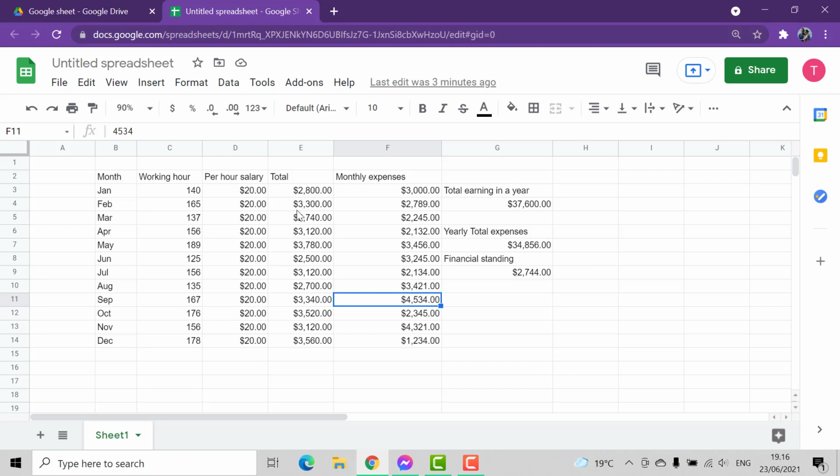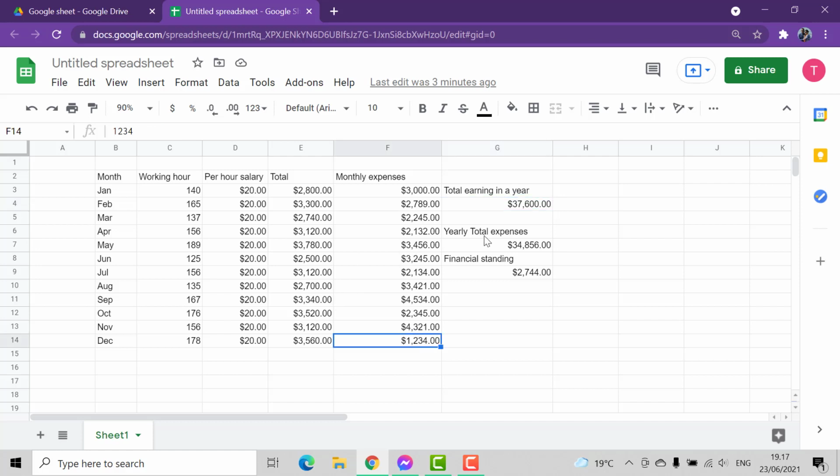Now, the total amount you are earning in a year is basically this amount. How did we get this amount? This amount is the summation of all these numbers starting from January and ending in December. And also if you look at the summation function, the starting cell is E3 and the ending is E14.